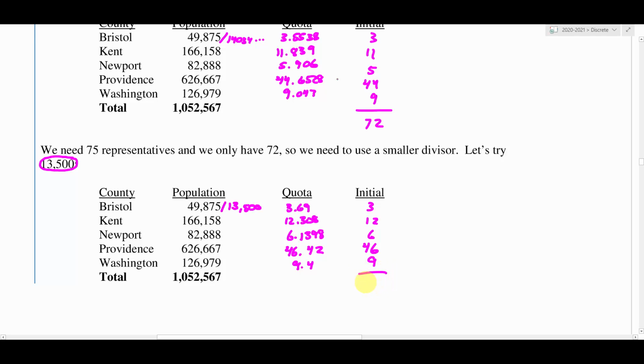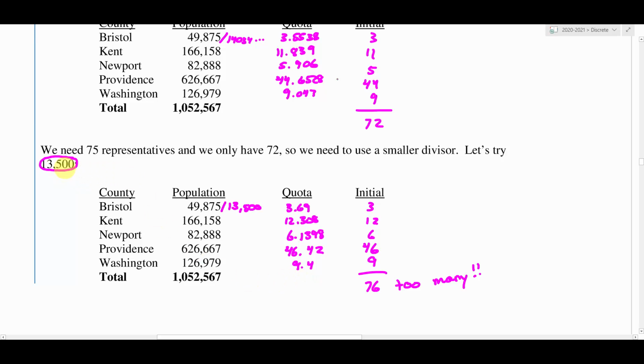And when I add those up, I think we get 76. So 15, 21, that would be 57, 67, yeah, so 76. And that is too many. There we go. So that's too many. We only have 75 representatives to apportion, but we ended up apportioning 76, so that's too much.